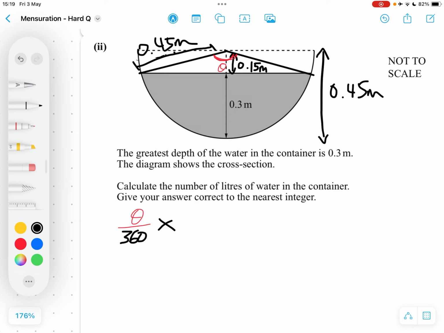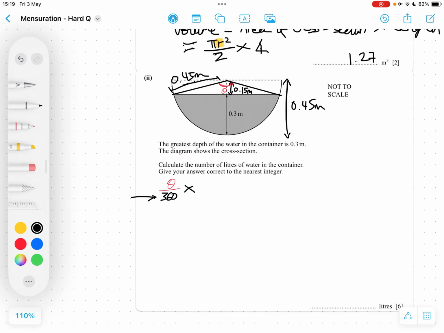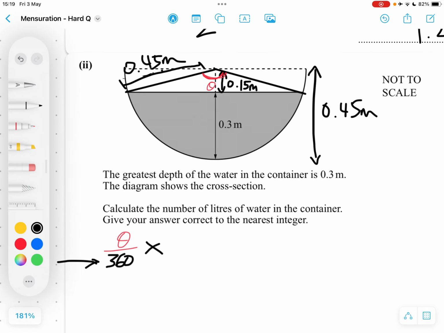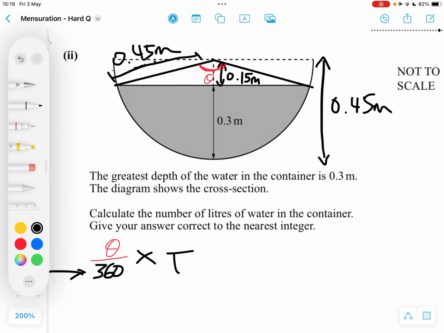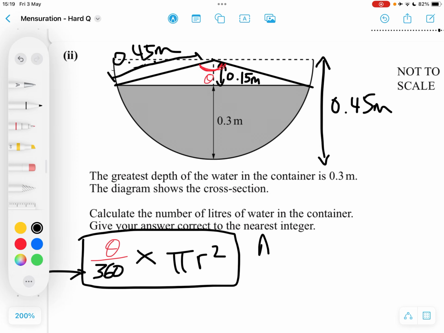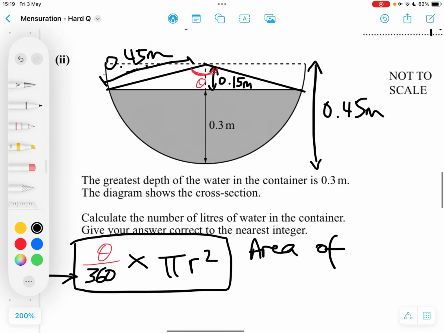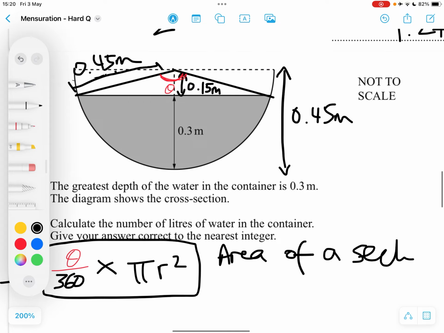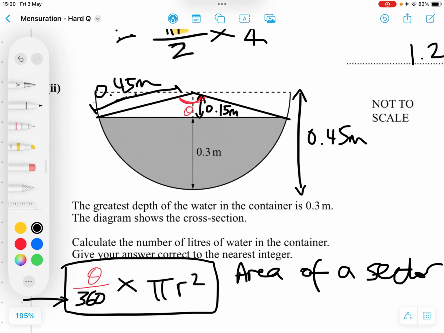The entire circle is 360 degrees, and theta is how many degrees we have here. That gives us the fraction of the entire circle, multiplied by pi r squared. This is the formula you should know for the area of a sector. So now how do we find theta?